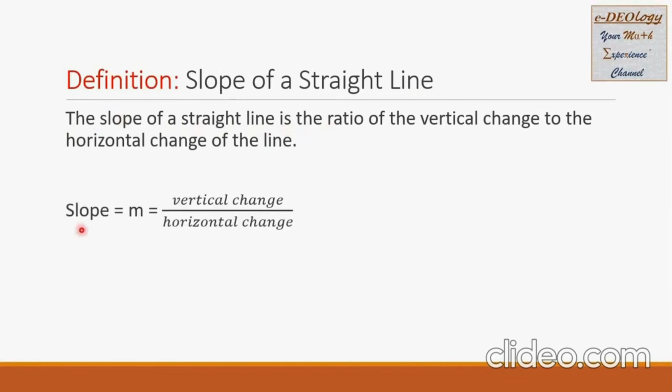The slope is symbolized by letter M, and this is equal to the ratio of vertical change over horizontal change. To simplify, we can write the vertical change to be rise and the horizontal change to be run. So the slope is equal to rise over run.